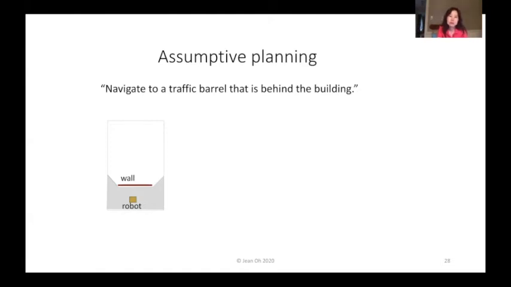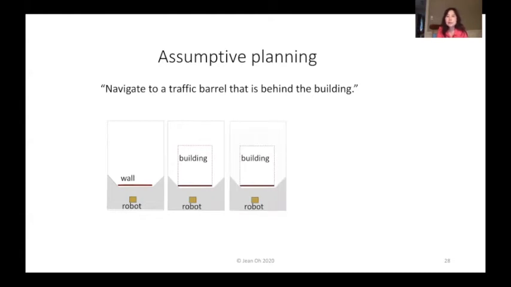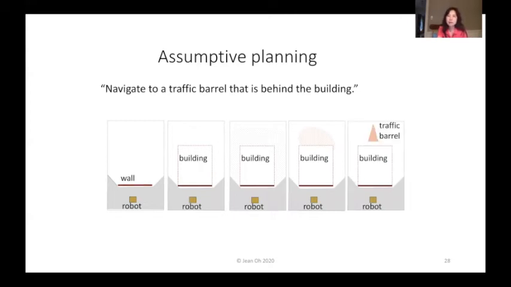But the only thing that we are seeing is a wall, like the frontal wall. But we can imagine the building because we've seen similar buildings before. And then we can imagine the space if we know spatial concepts, like what it means to be behind something. And then we can set the target location of the goal, which is the traffic barrel, and start planning using a hypothesized goal.